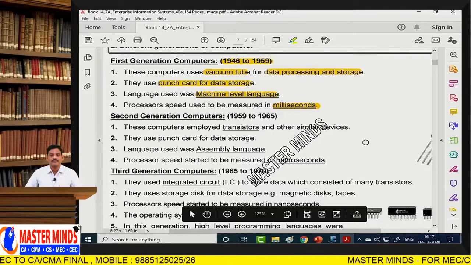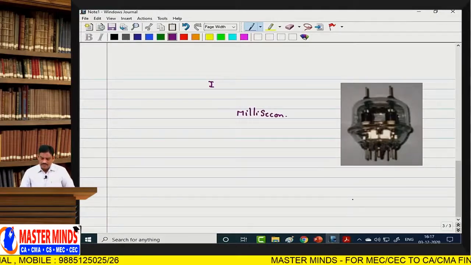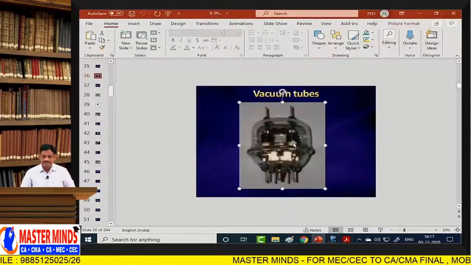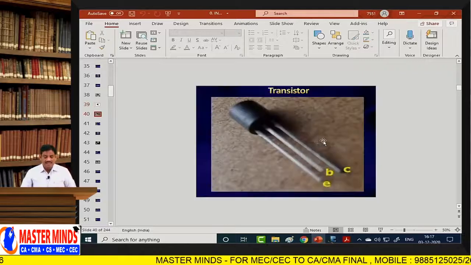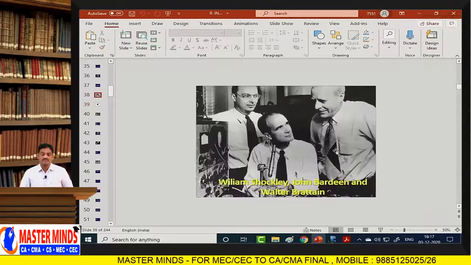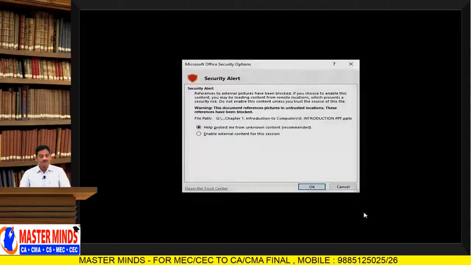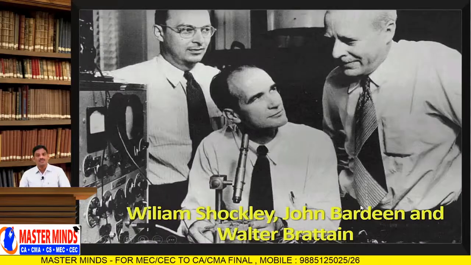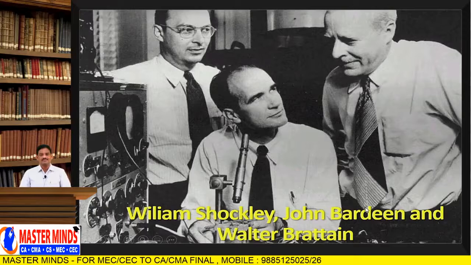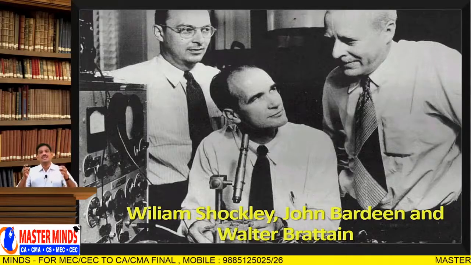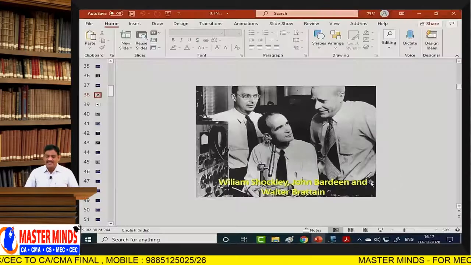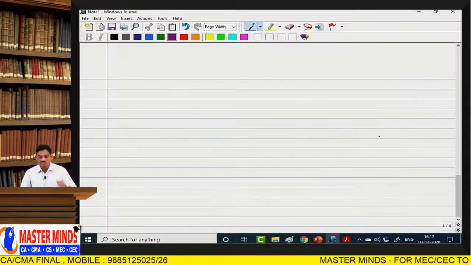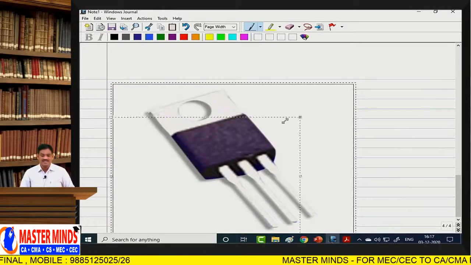Next point, second generation of computers. What does the second generation of computer determine? Say this. William Shockley, John Bardeen, Walter Brattain, three people, designed the transistor. The size of a first generation computer was like an apartment. In order to reduce the size, we used an electronic circuit called a transistor.